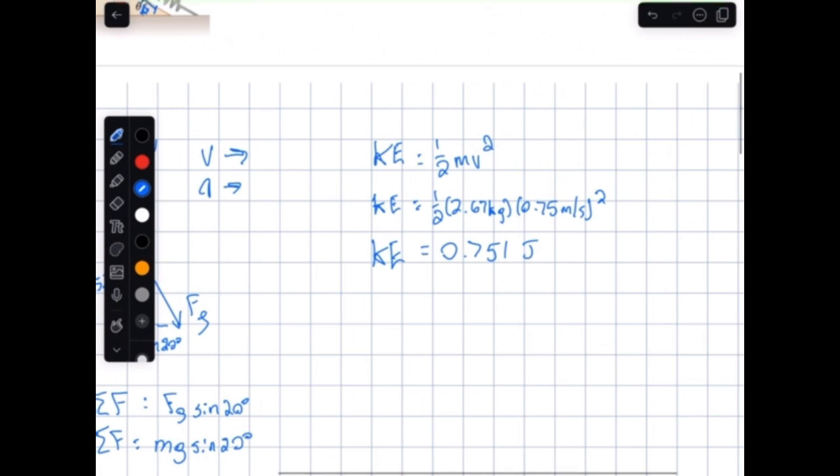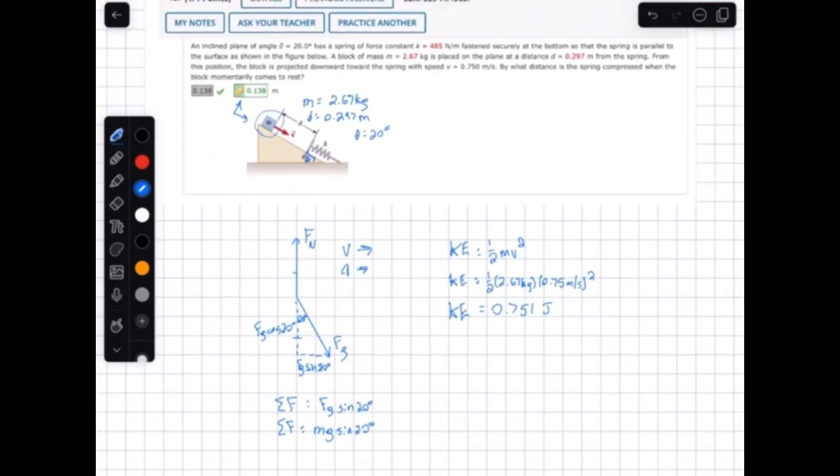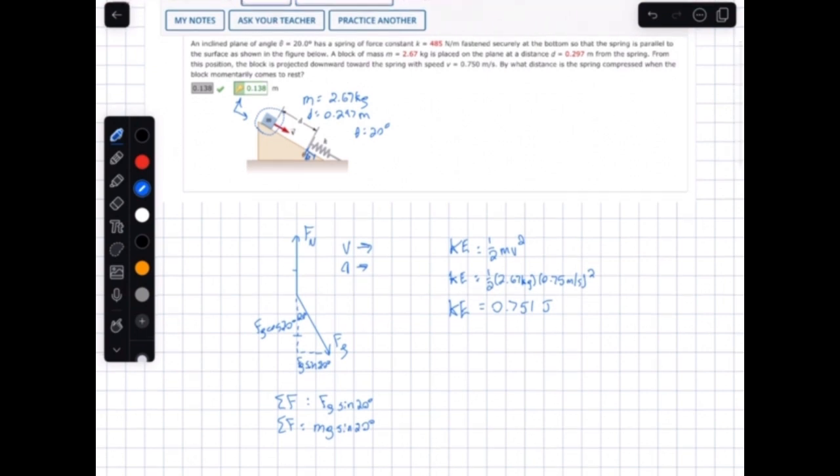Now, bear with me, I'm trying to remember this problem.